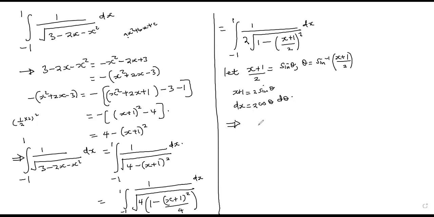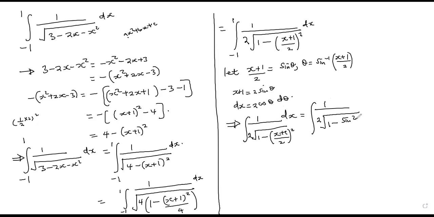So if I first work it out without the limits, it will be the integral of 1 over 2, then root 1 minus (x plus 1) over 2 squared dx. Since (x plus 1) over 2 is sine theta, if you square it, it will be sine squared theta.